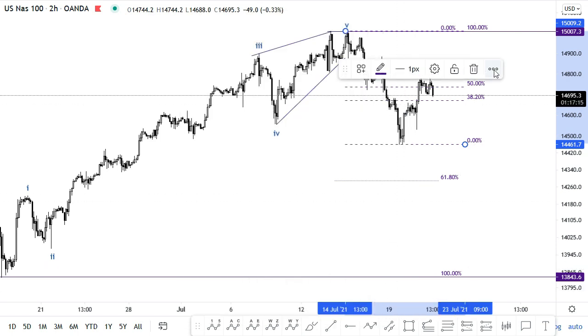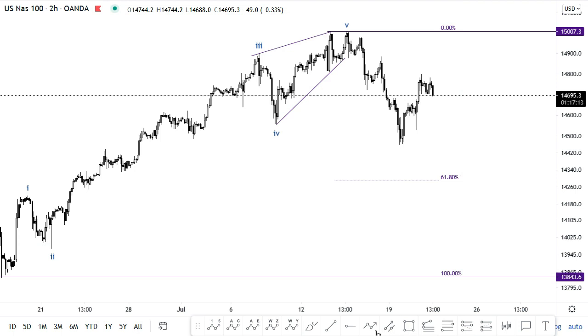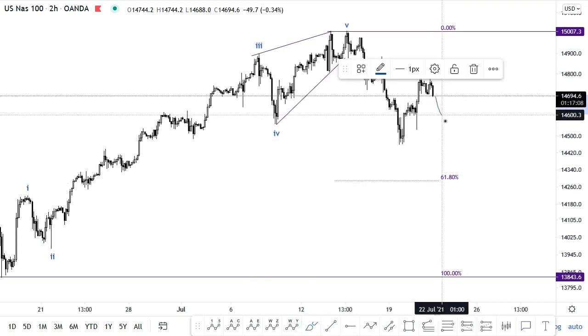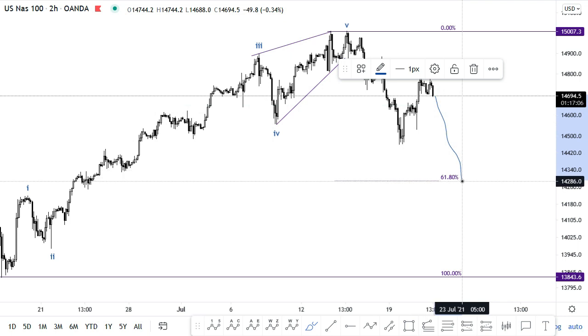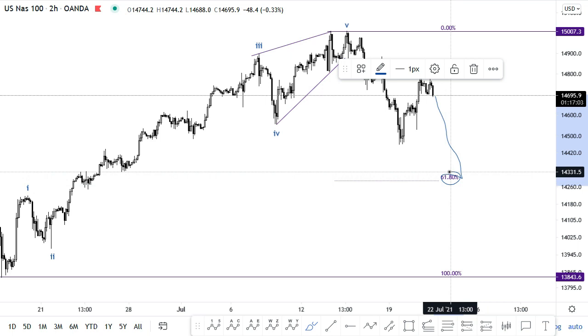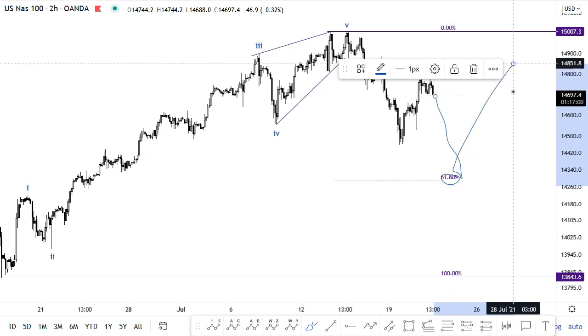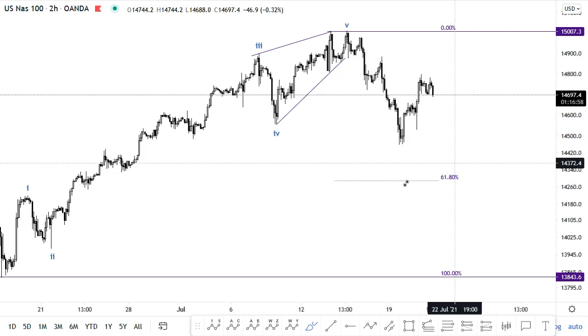If so, then we expect price to drop even lower. I expect price to drop even lower. My target is this 61.8 for support to push price back up.